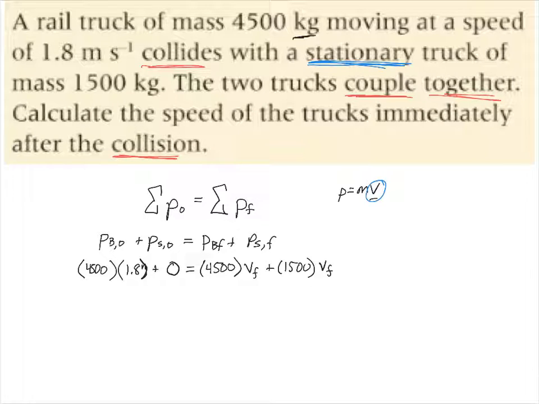Now, some people say, well, if they're linked together, then really they're all the same object now. So that linked object has a mass of 4,500 plus 1,500, and that object has a final velocity of VF. You'll notice that that's going to end up giving you the same thing.